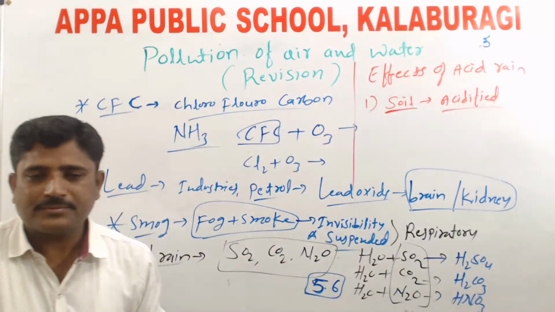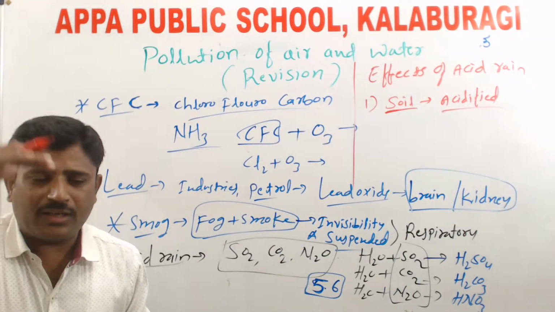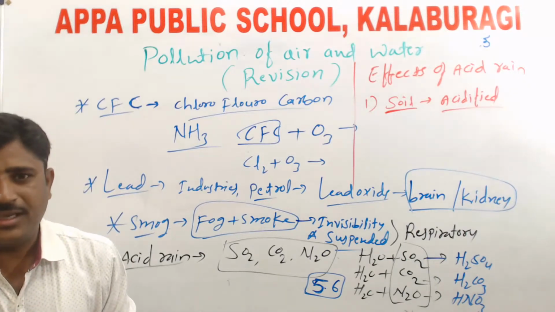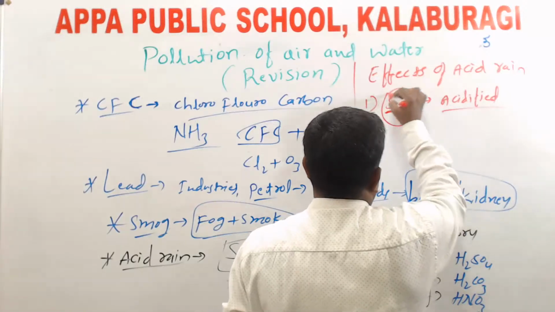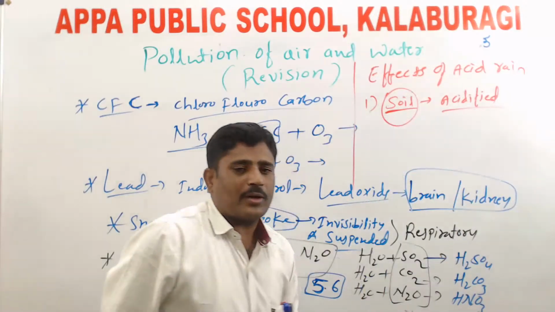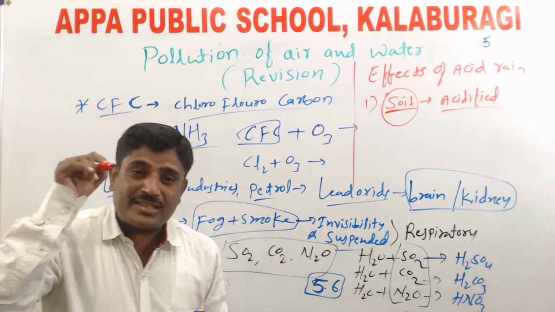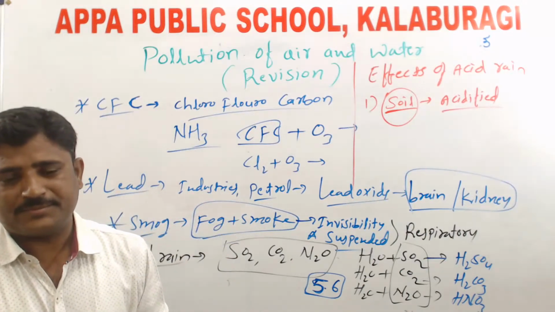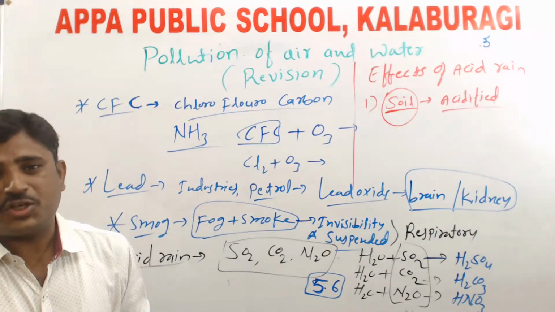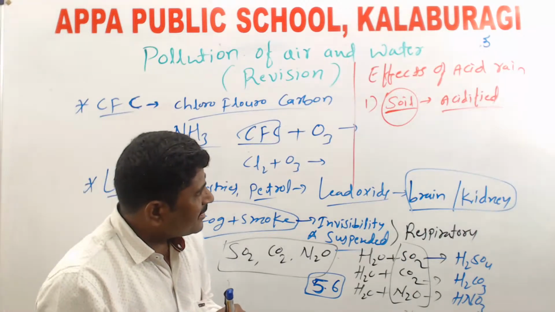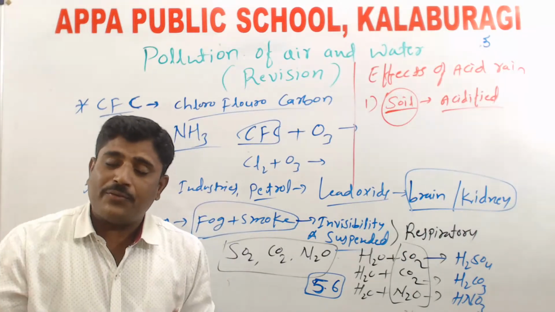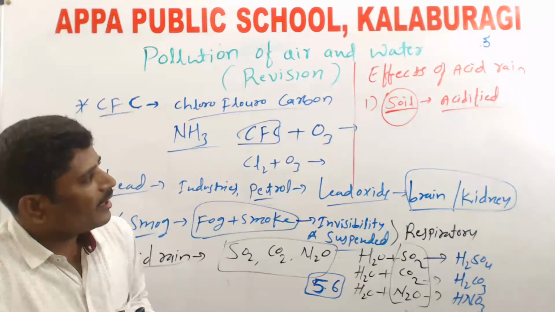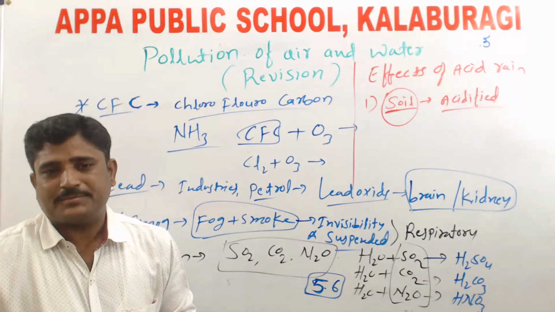In that acidic medium, plants will not grow properly, crops will not grow properly, and seeds will not germinate properly. Too much acid affects soil as well as crops. Too much base also affects crops and soil.